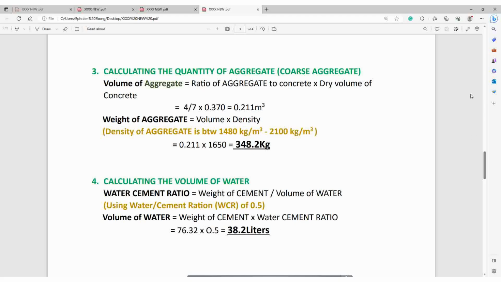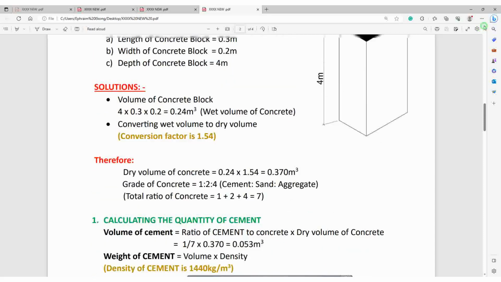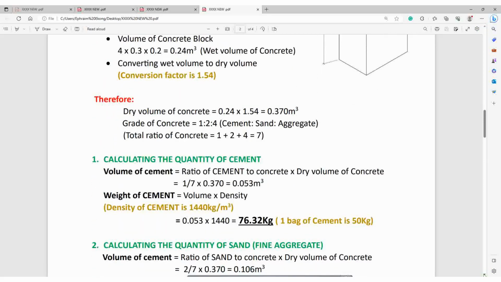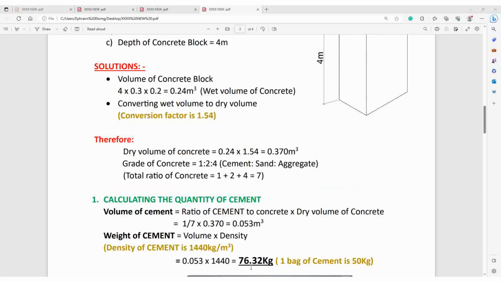How did we achieve that? Let's check it in our earlier calculation. So it is here, you see. Okay, so this is our weight of cement, which is 76.32.